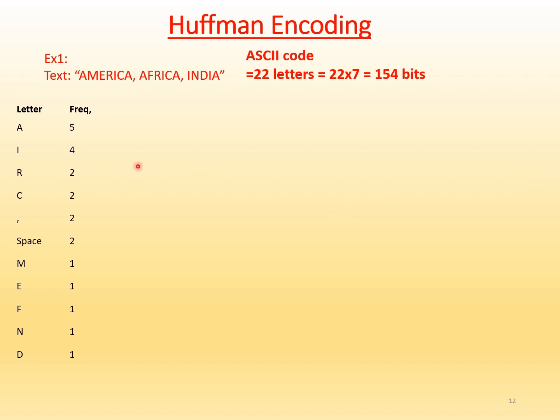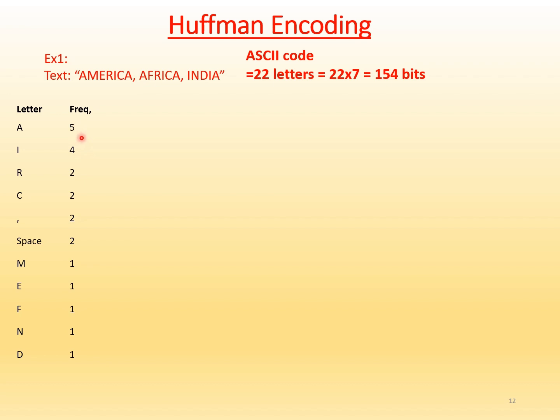In Huffman coding, you take each letter and count how many times it appeared. A appeared 5 times: America has 2 A's, Africa has 2 A's, and India has 1. Then next is I, which appears 4 times.